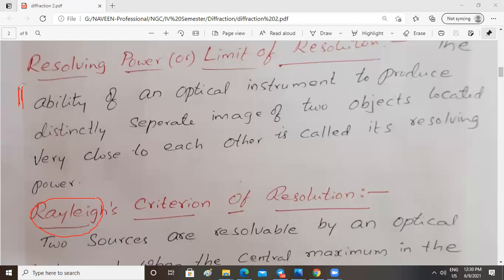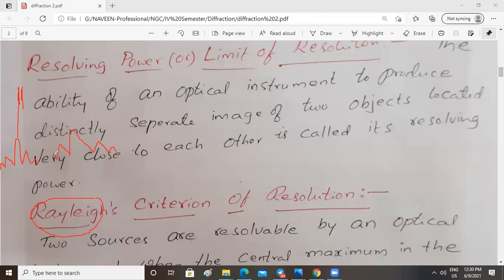The diffraction pattern must follow this criterion. If the diffraction of this line gives some pattern, principal maxima, first order maxima, second order maxima, like this, I am showing the intensity curve of this line. Similarly, the intensity curve of this line is also principal maxima, first order maxima, second order maxima, like this.